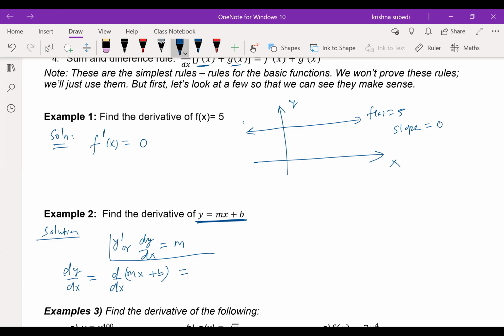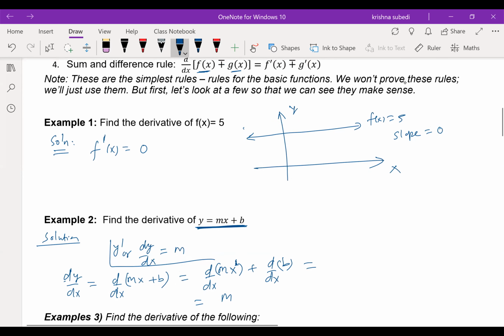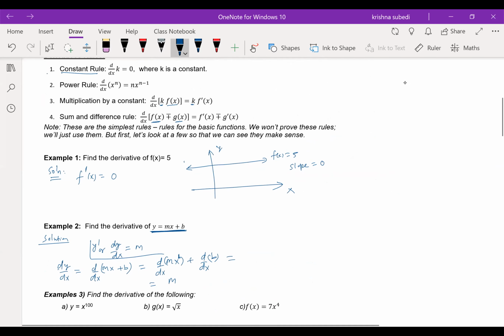I can write this using the sum and difference rule as d over dx of mx plus d over dx of b. The power of x here is 1 and this is a constant times a function. So the derivative of the first part is the constant m, because m is a slope, times the derivative of x using the power rule, n x to the n minus 1.